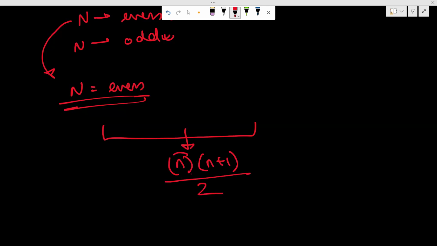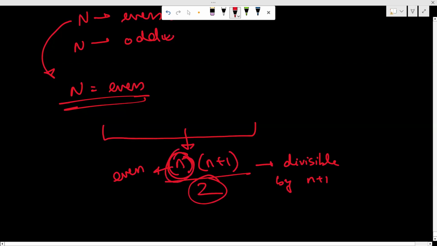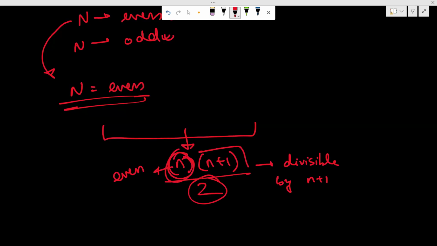Now, since the value n is even, do you agree that this number will be divisible by n plus 1? Since when we divide by 2, the 2 from n gets cancelled and the leftover number will be divisible by n plus 1.